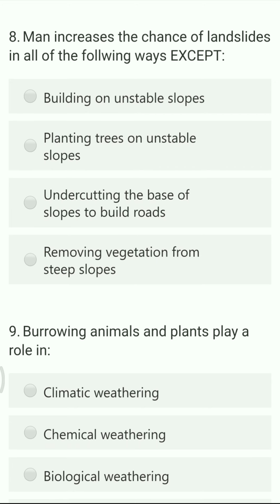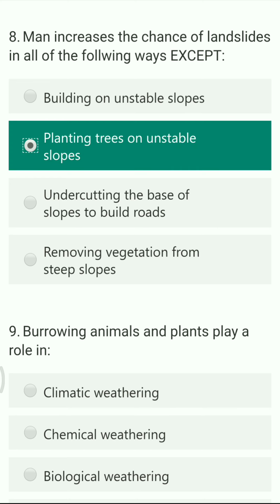Next question. Man increases the chance of landslide in the following ways except: building on an unstable slope, planting trees on unstable slope, undercutting the base of the slope by building roads, and removing vegetation from steep slopes. The answer is planting trees on unstable slopes. Any building on an unstable slope will not avoid landslides.